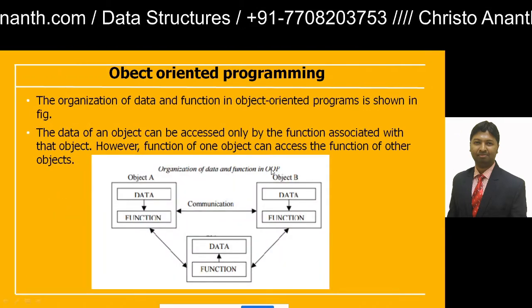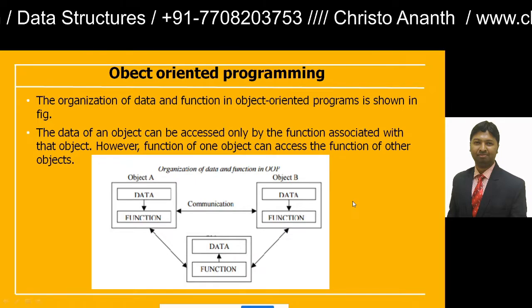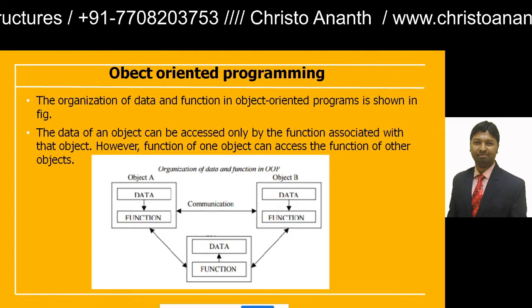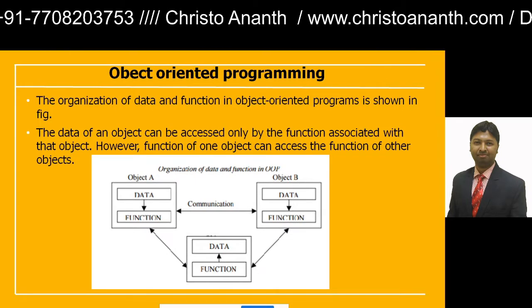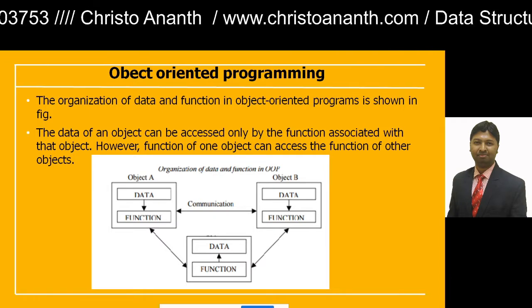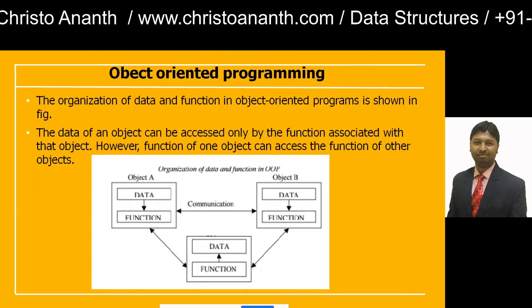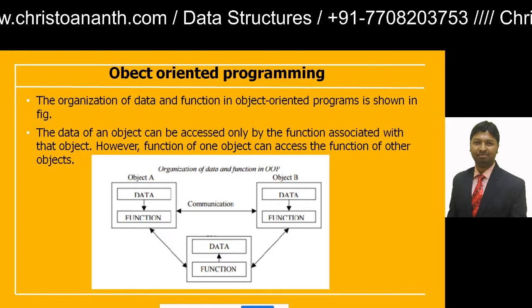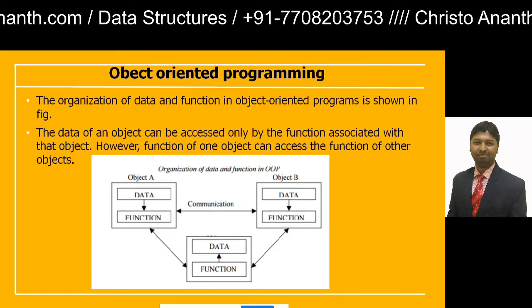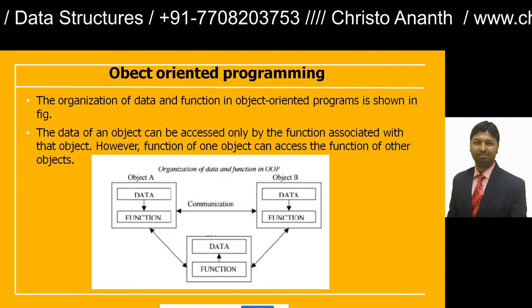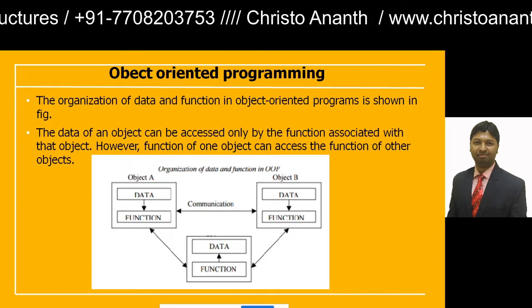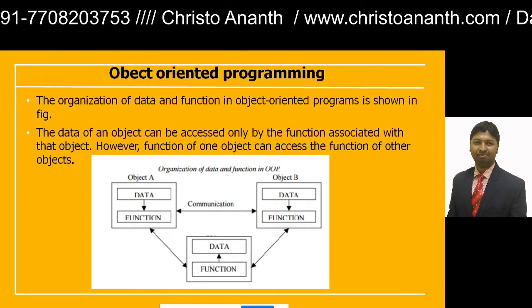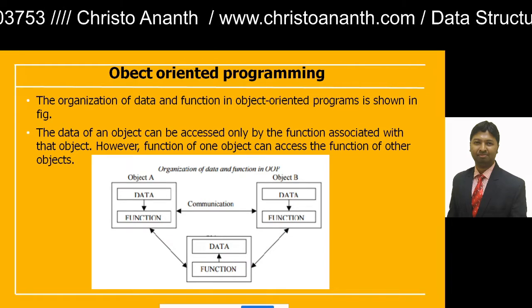So this is the diagram which is going to better explain the case of object-oriented programming. Here we organize the data and function. The data of one particular object can be accessed only by the function associated with that object. So we have the data and function of object A, which communicates with object B. We have data and function.